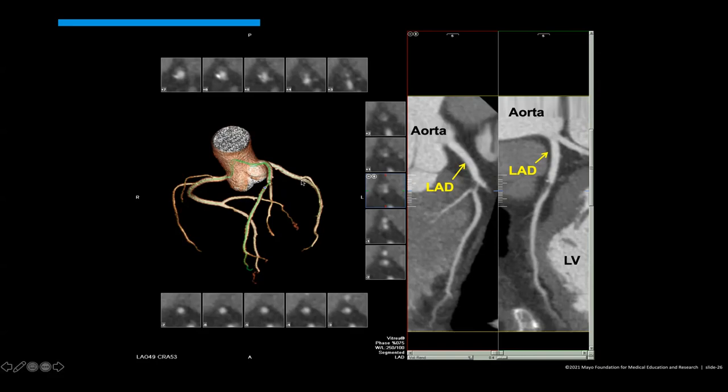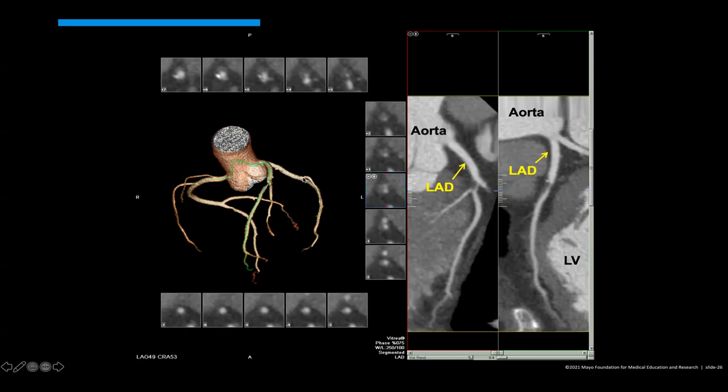The obtuse marginals come off of the LCX, or circumflex, and the acute marginals come off of the RCA. RCA ends in A, and acute marginals that start with A are the branches that come off of the RCA.